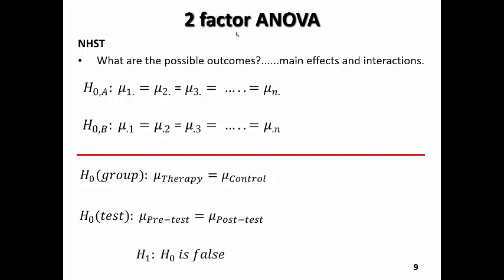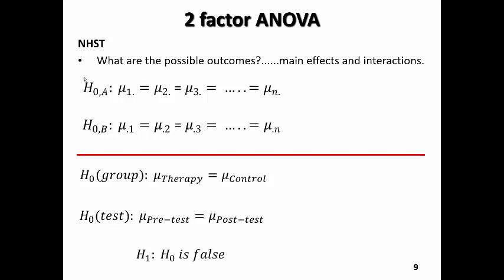Well, with a two-factor ANOVA, what we have are what are called main effects and interactions. Specifically, we will have two different main effects that we'll address here on slide number 9. And on the next slide, slide number 10, we'll address the null and alternative hypothesis for the interactions.